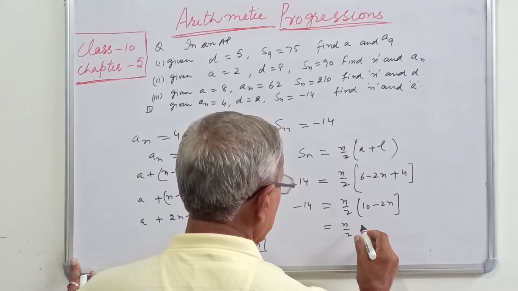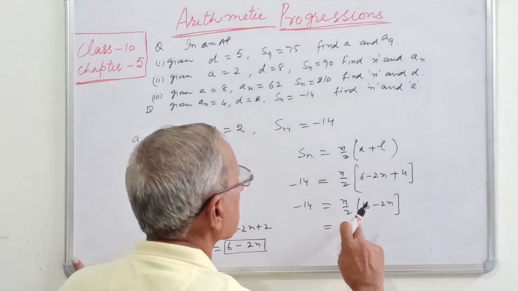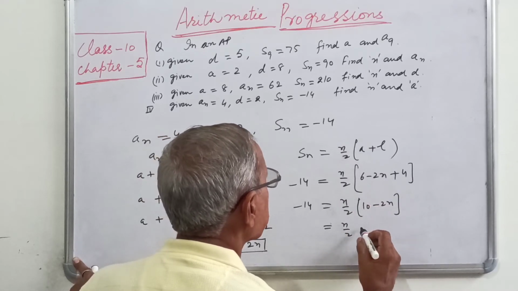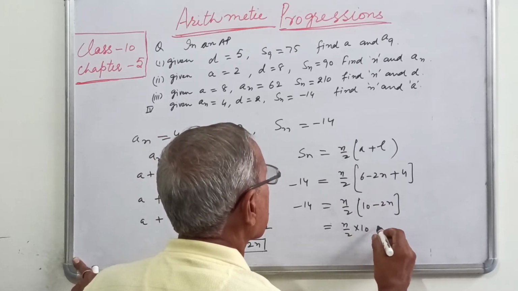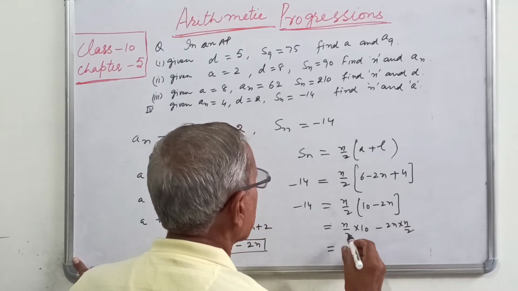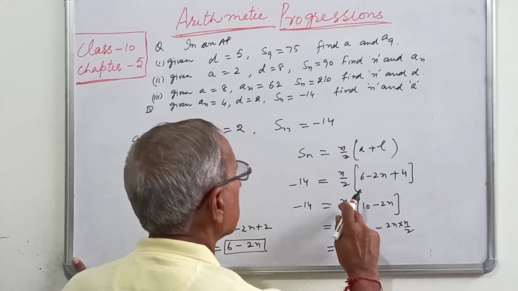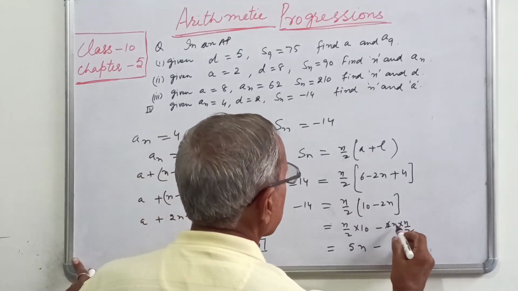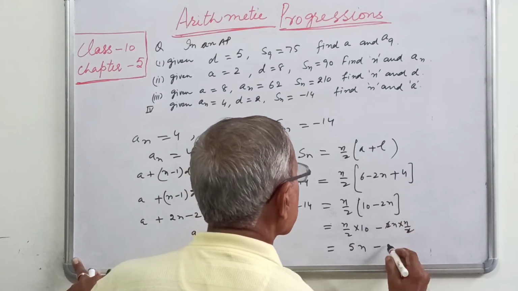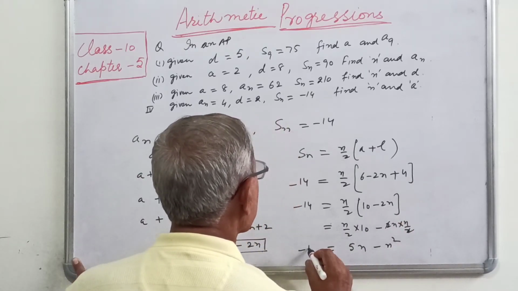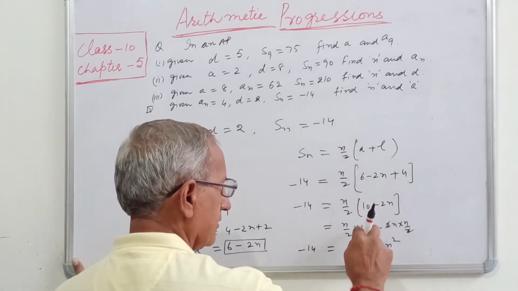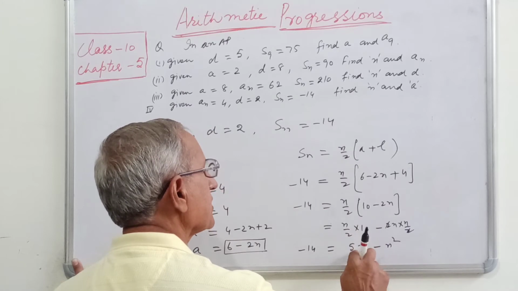So n upon 2, अब n upon 2 से जब मल्टीप्लाई करेंगे तो बनेगा 10n माइनस 2n मल्टीप्लाई n अपॉन 2 तो बन गया 5n माइनस n स्क्वायर इज इक्वल टू माइनस 14. n upon 2 multiply 10, so 10n divided by 2, that is 5n.